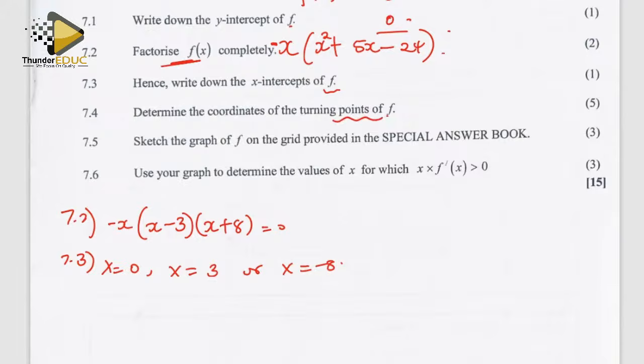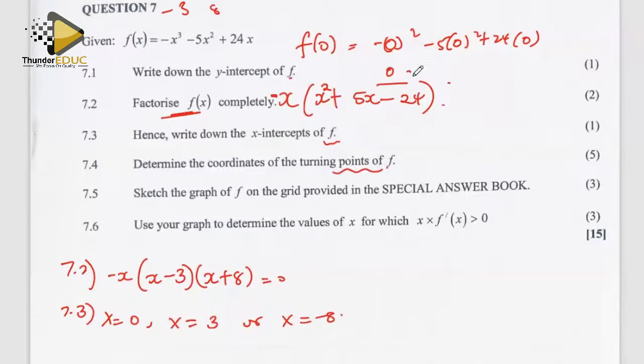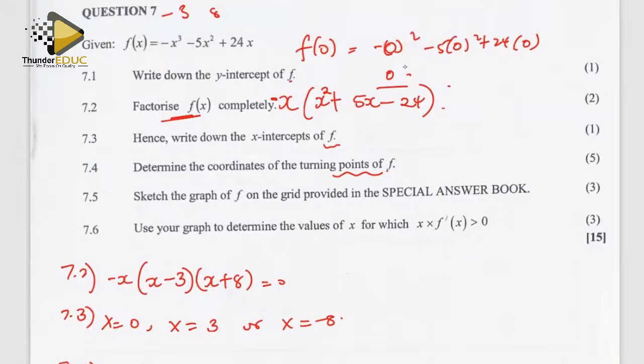With the turning point, you need to find the derivative and then equate it to 0. My derivative is going to give me some weird points. Nevertheless, I have to look for them. This is 7.4. So negative x cubed minus 5x squared plus 24x.